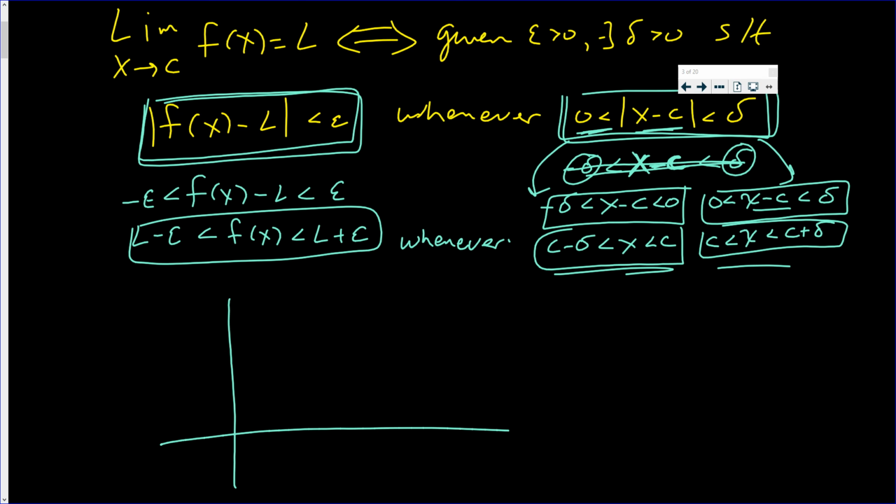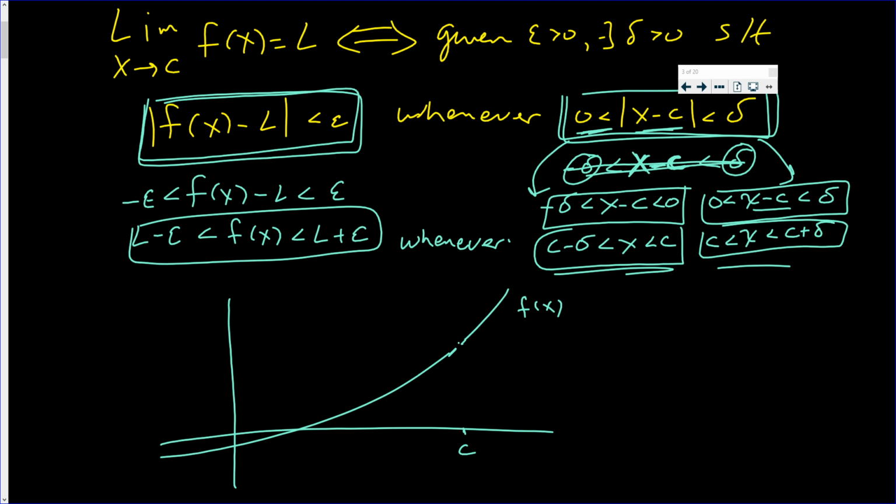So you have some graph maybe like that, call it f of x, and we want to know what the limit is when x gets closer and closer to c. By definition, f of x does not even have to be defined at c. It could be, it could not be, who knows.